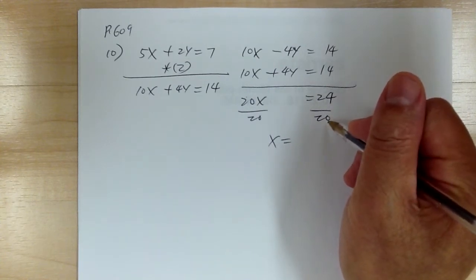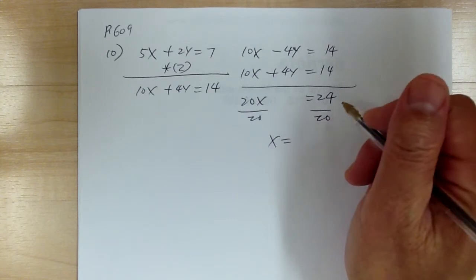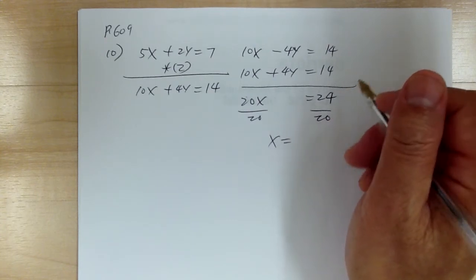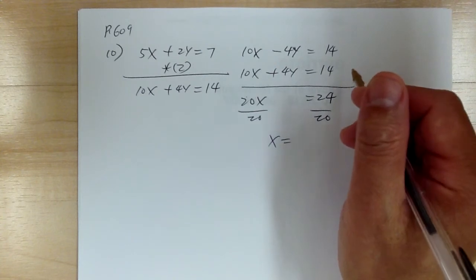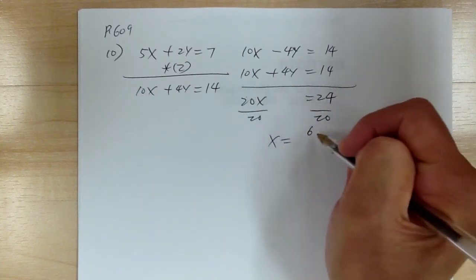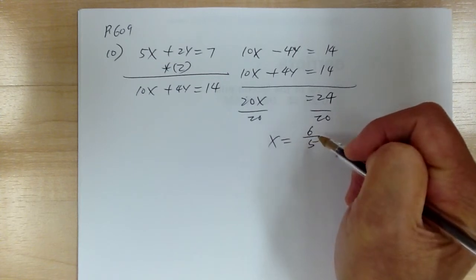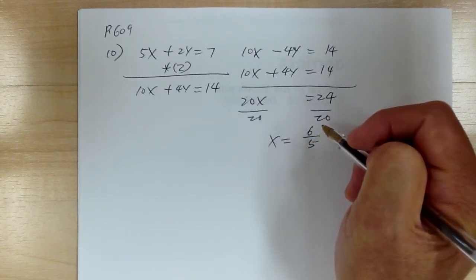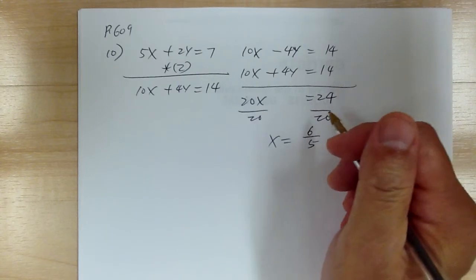You can divide by 4, so you got 6 over 5.